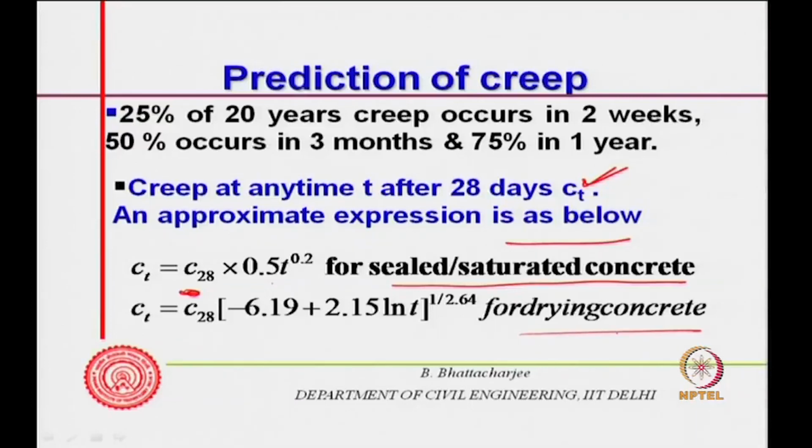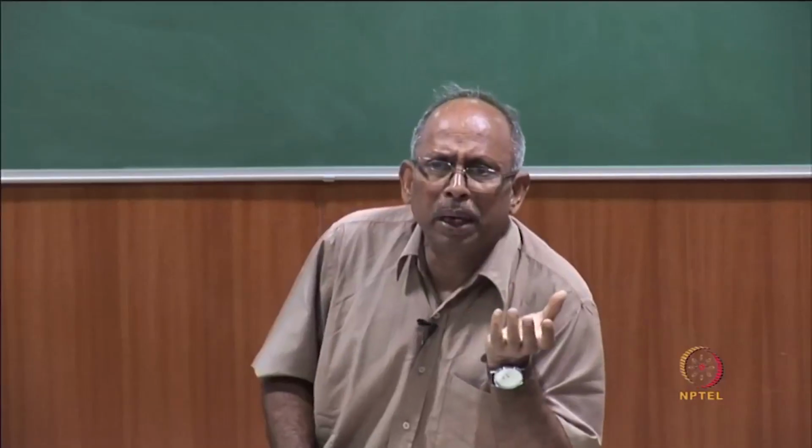For drying concrete this will be given as minus 6.19 plus 2.15 ln T to the power 1 by 2.64. So, this is some empirical equation.